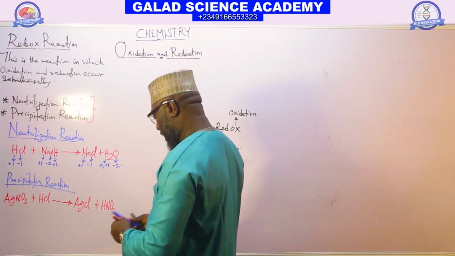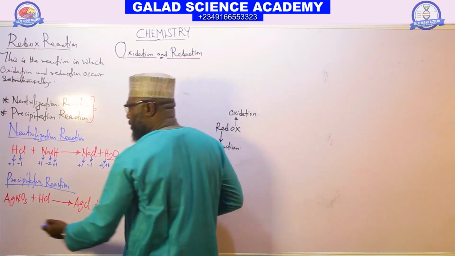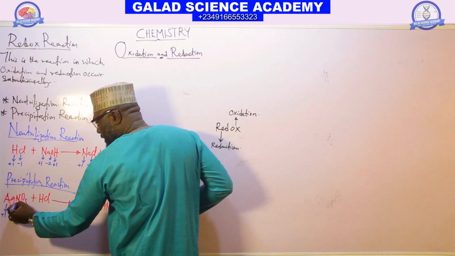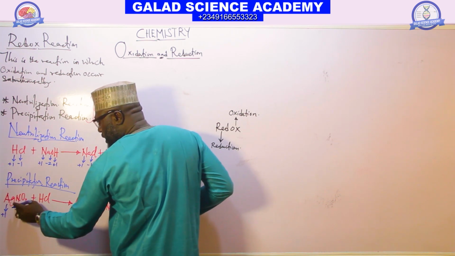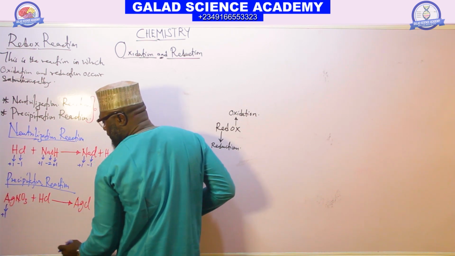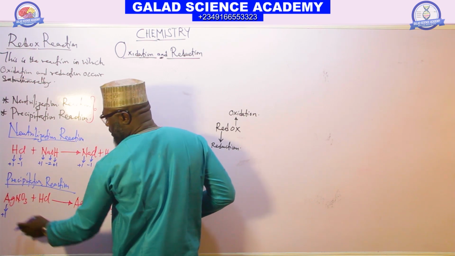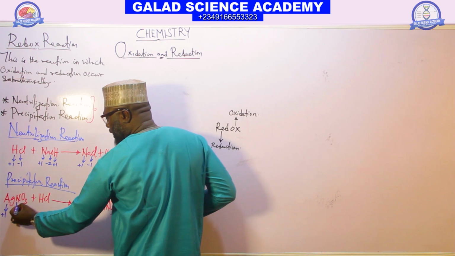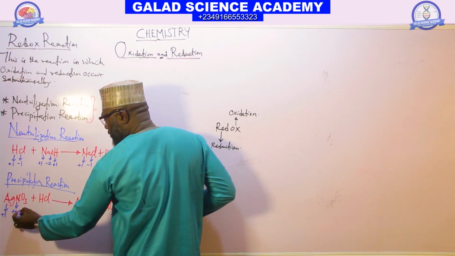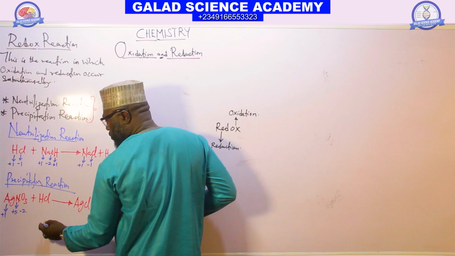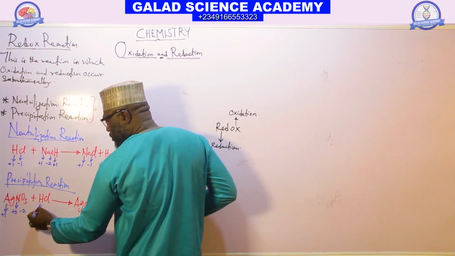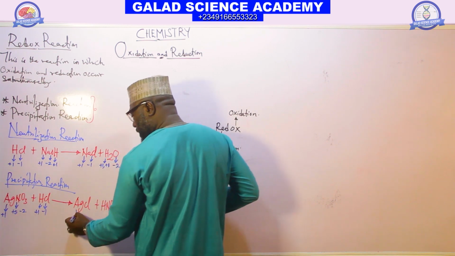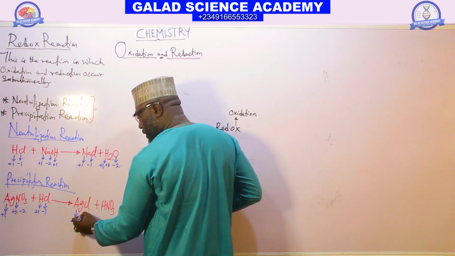So look at this now. The silver here is +1. Nitrogen here, calculate it: the sum gives us 5, so nitrogen is +5. Oxygen is -2. Here hydrogen is +1, chlorine is -1, Ag is +1.